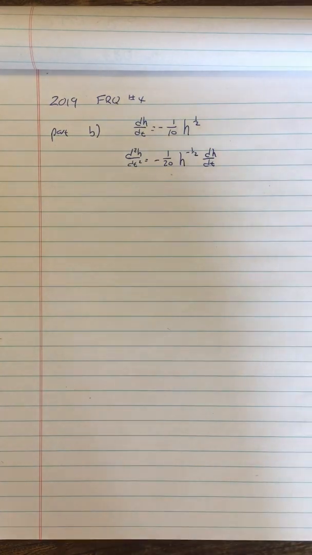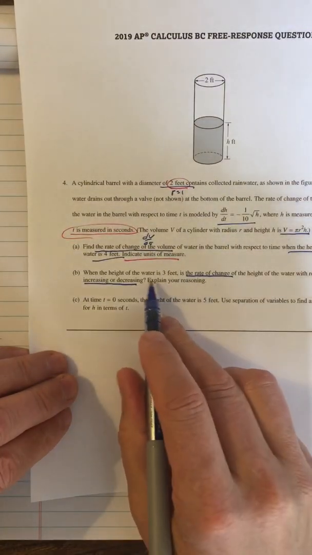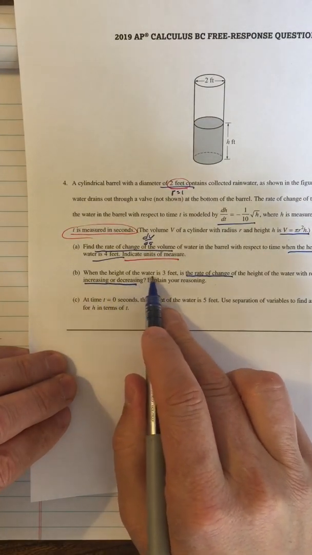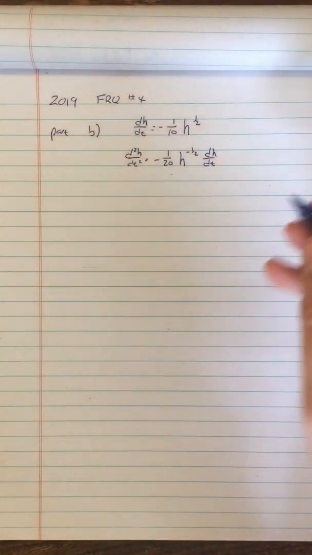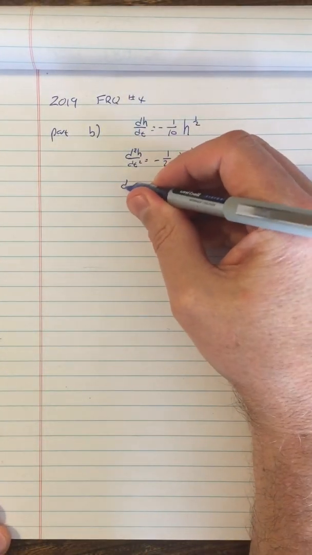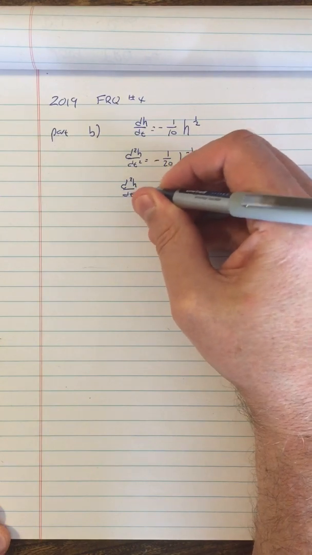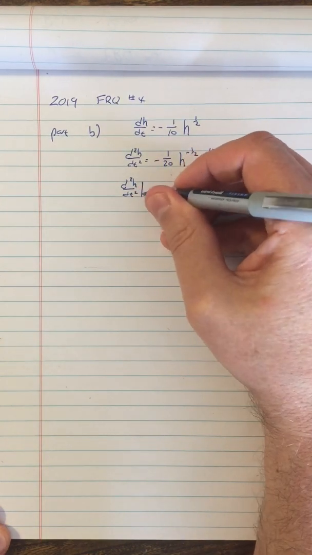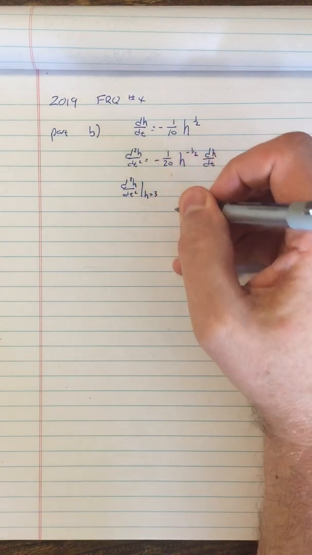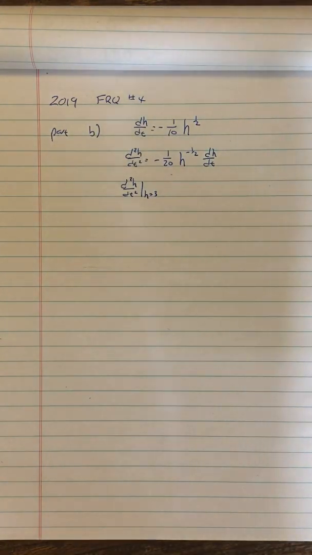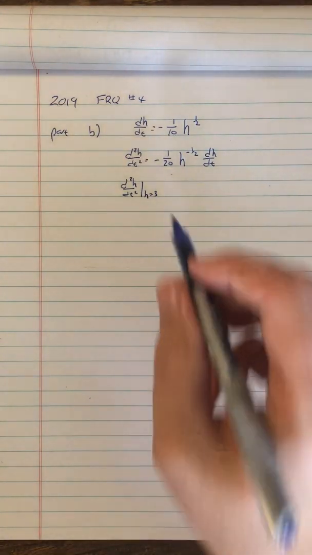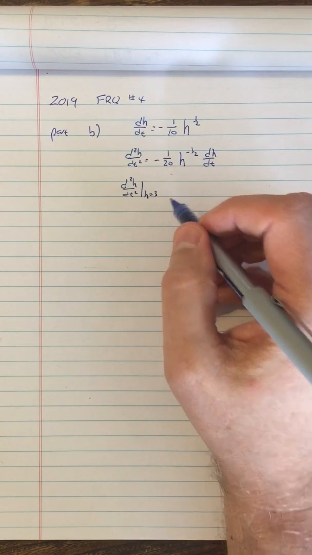Now, we want to know what's going on at the point when the height of the water is 3 feet. So at h equals 3. I want to know d squared h dt squared evaluated at h equals 3. I'm not going to plug in 3 for t, because that would be t equals 3. So I'm evaluating when h equals 3.